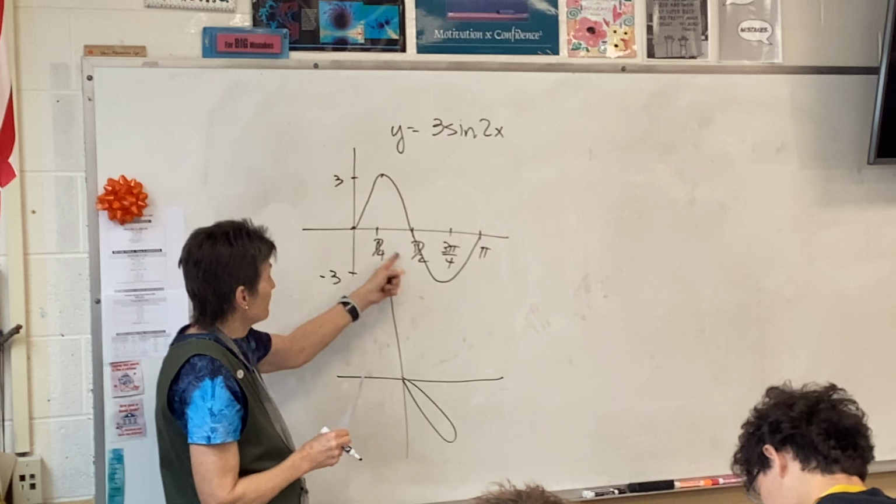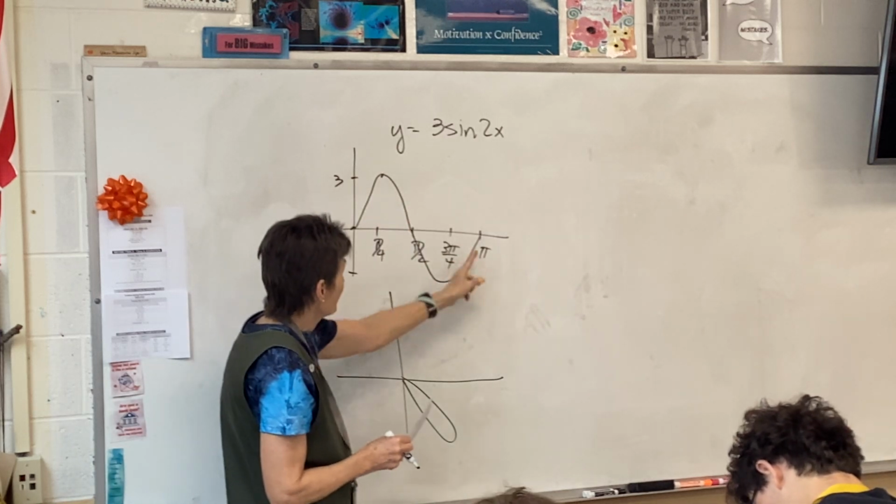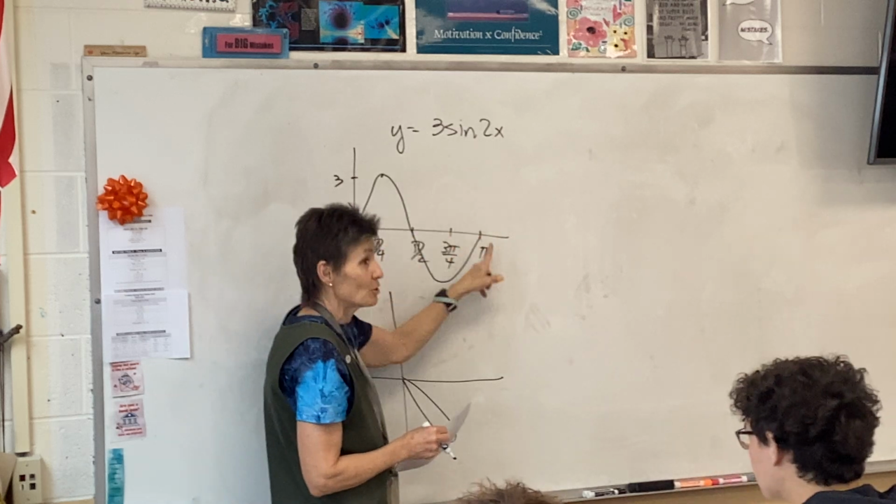I graphed it on a rectangular system, so it's amplitude 3, period pi, 2 pi divided by 2.